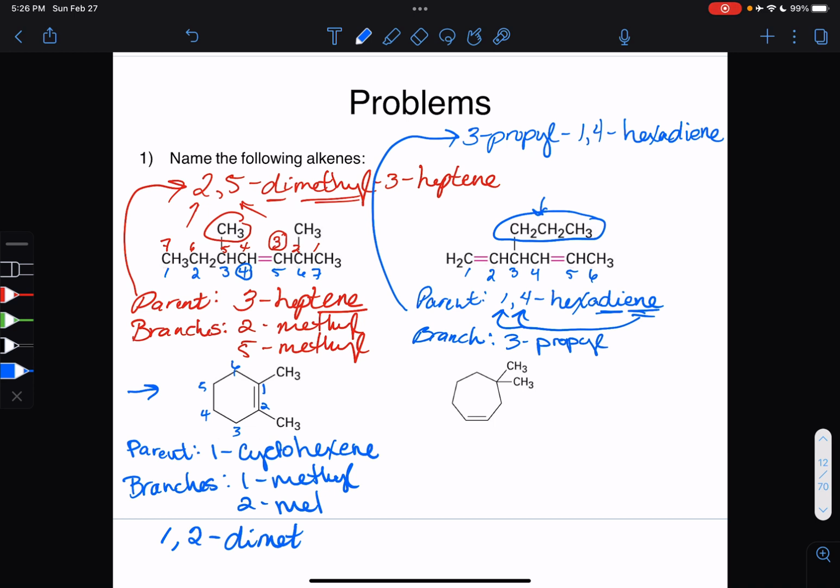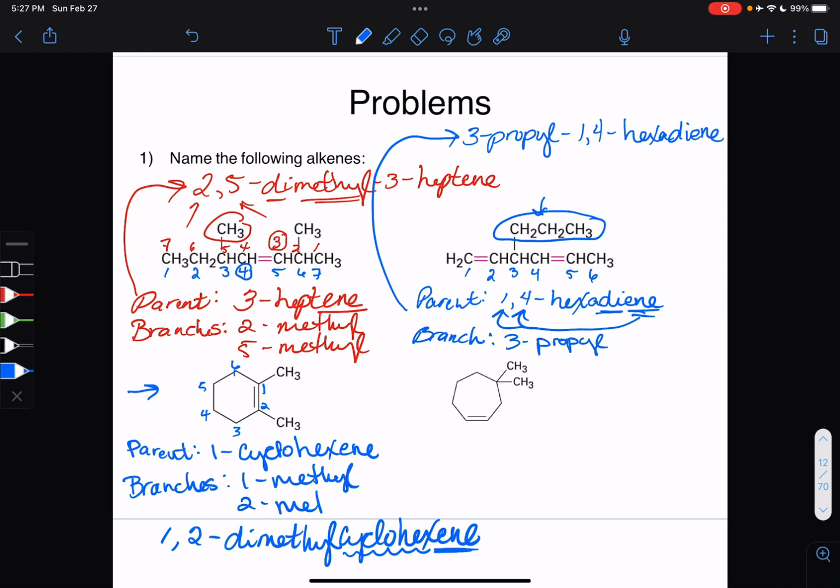Because you want to keep it at the lowest number possible, and you get to number the cyclic structure. And IUPAC says keep that thing at the lowest number possible, and the lowest number possible is what? 1, because you don't have a 0 carbon. So you will also see 1,2-dimethylcyclohexene, and this is saying you've got a double bond in a 6-membered cyclic structure, and there's no number there, so it must start at carbon number 1.